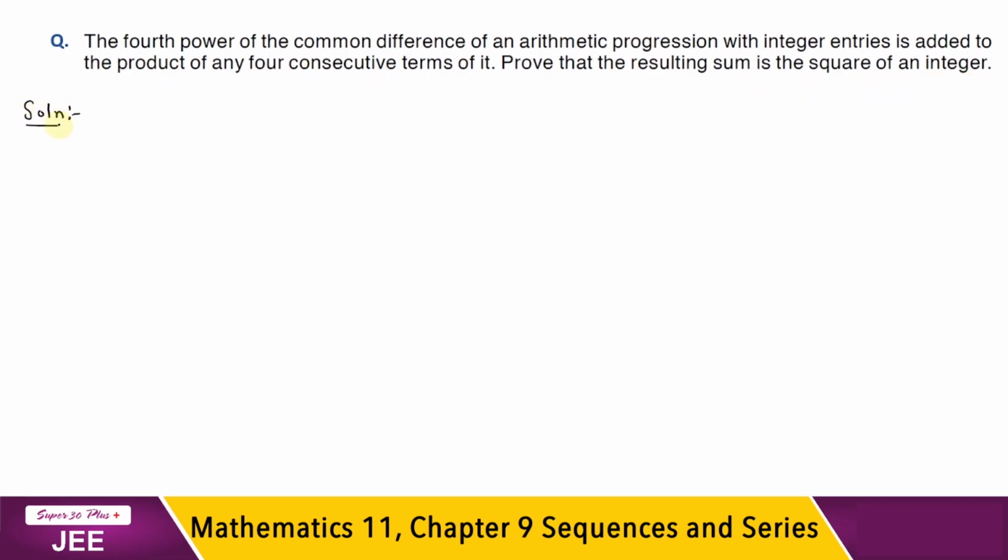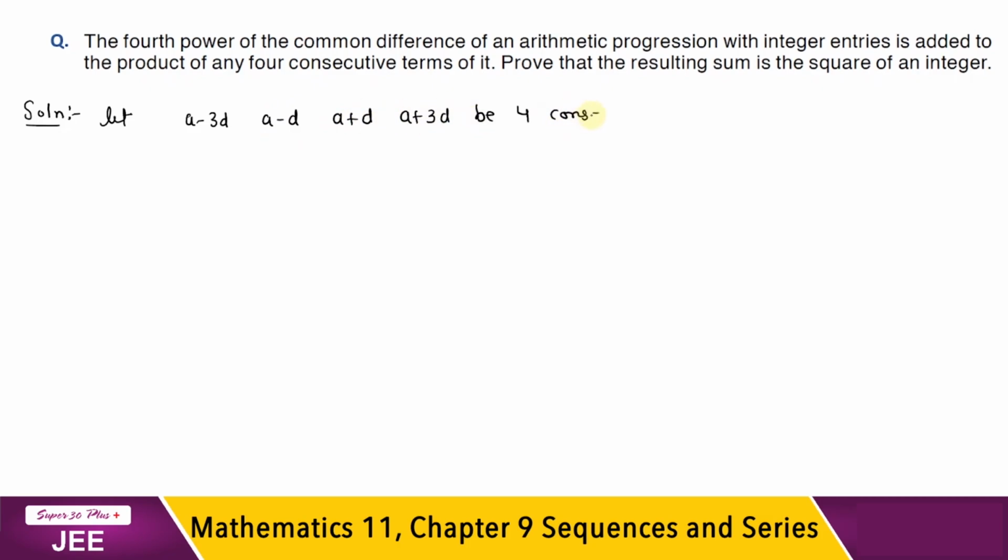So now in this question, we have been told about the 4 consecutive terms of an arithmetic progression. So I am considering those 4 consecutive terms to be a minus 3d, a minus d, a plus d, and a plus 3d.